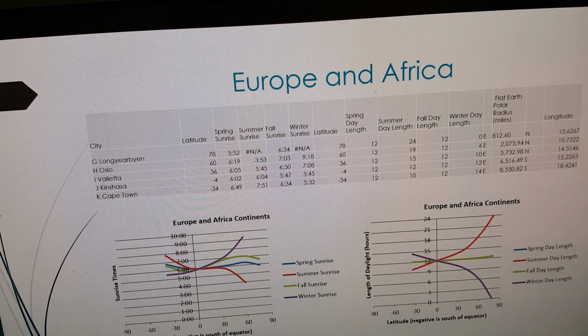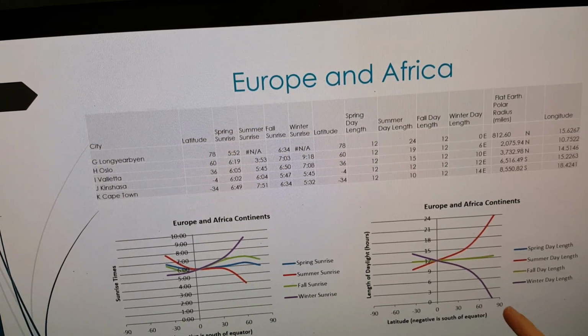So Cape Town, South Africa, has almost 24-hour nights.